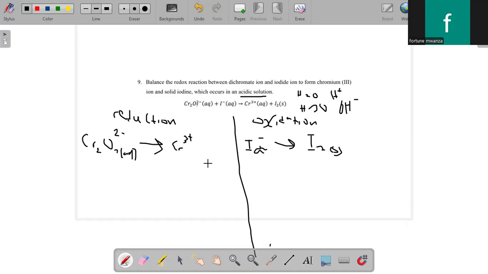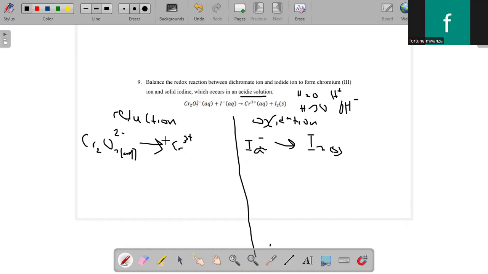The next step after you come up with your half reactions is to balance atoms which are not hydrogen and oxygen. So you balance any other atoms apart from hydrogen and oxygen. So let's balance our chromium here, and let's balance our iodine here. Our chromium there, you can see we have 2 on the dichromate, then we have 1 on the products.